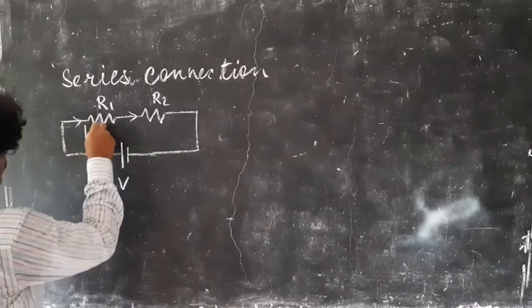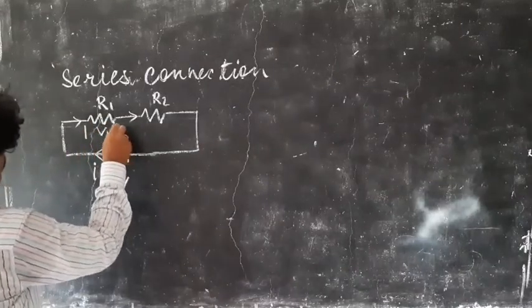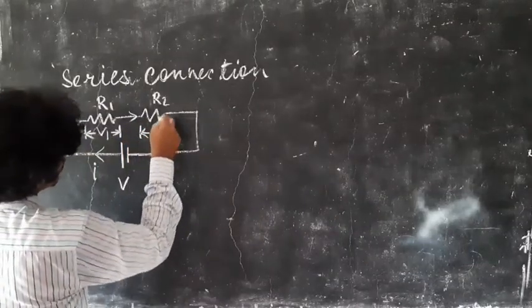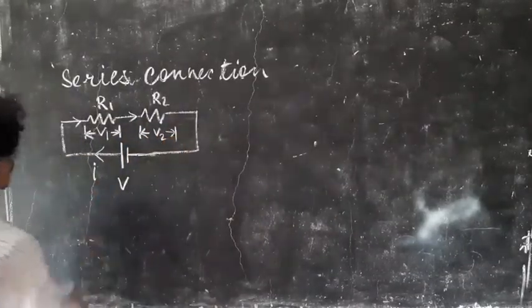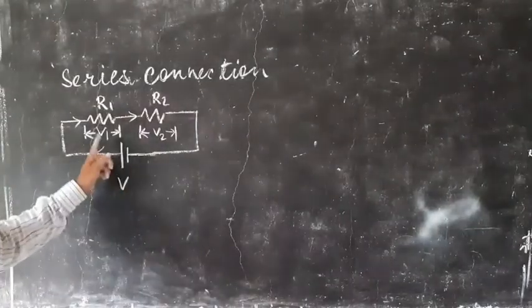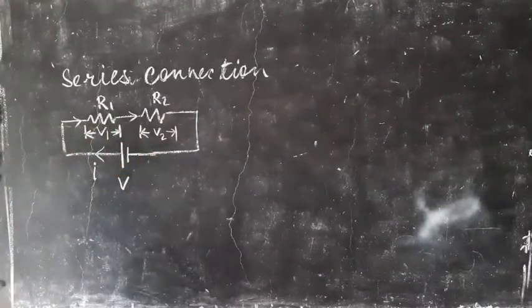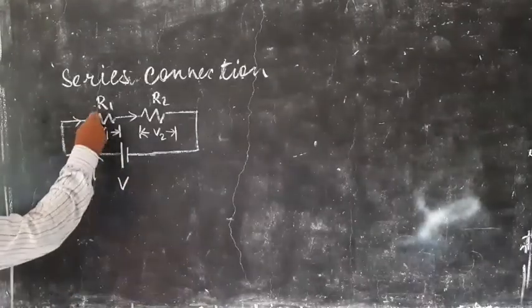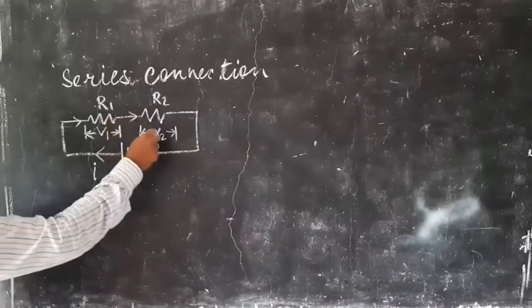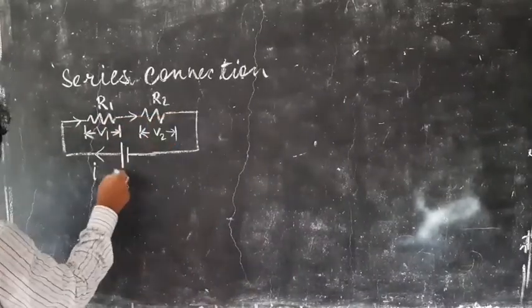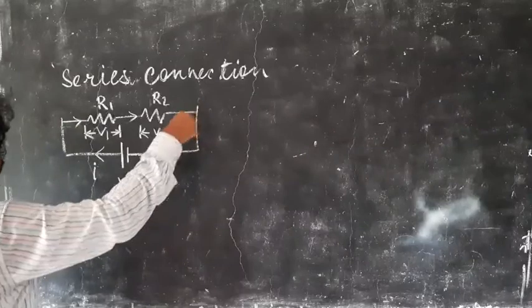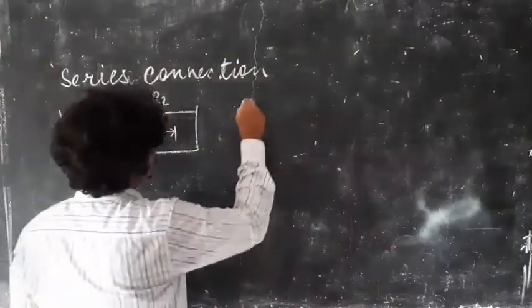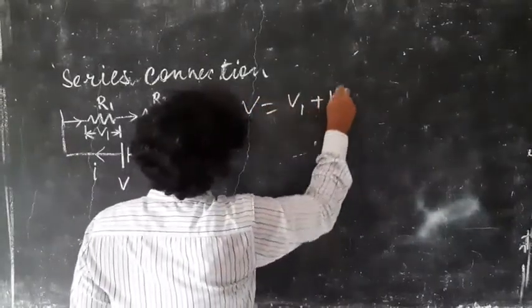Now suppose the potential difference across R1 is V1 and the potential difference across R2 is V2. This V is the potential difference across these two points, across R1 and R2, so V should be equal to V1 plus V2.